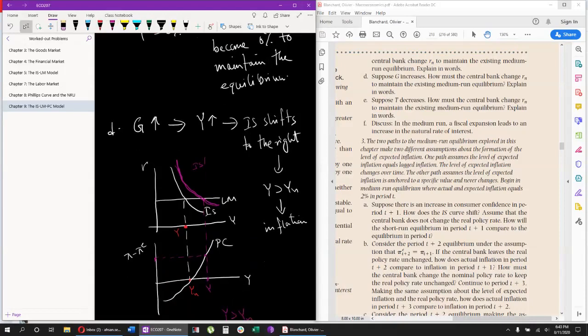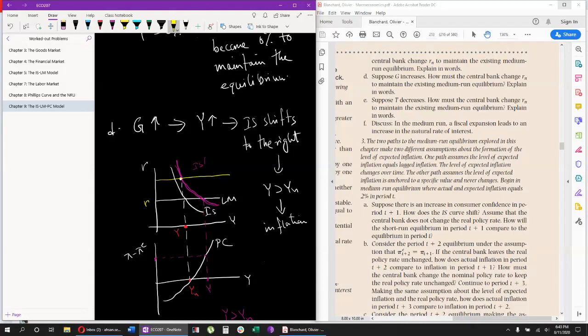What the central bank will do is increase the interest rate to this.